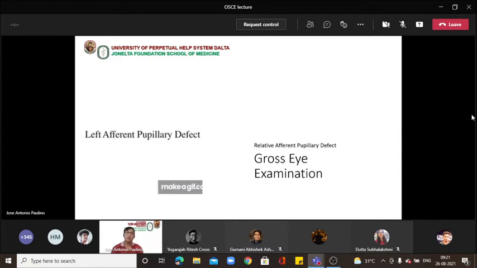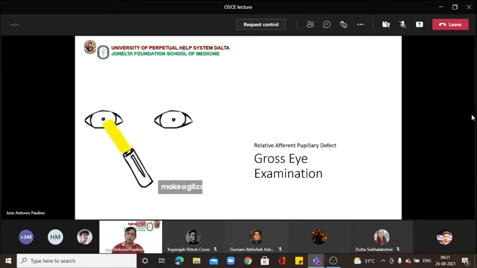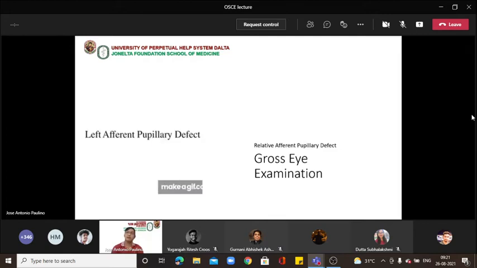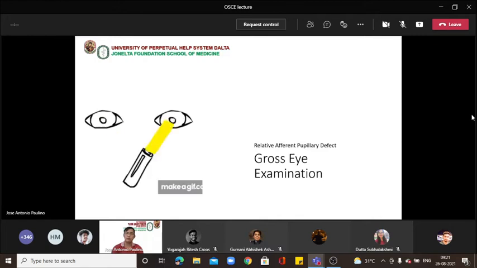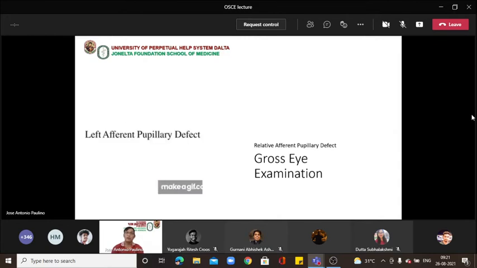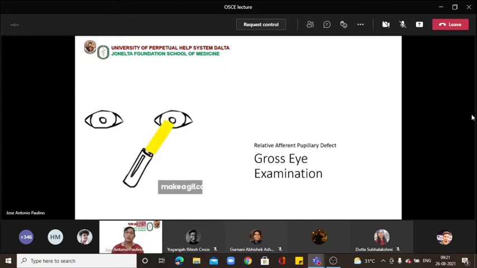The normal reaction should be that if light is pointed towards a specific eye, both pupils, even the one not being lighted with a pen light, should react the same way. So both should constrict. If you move the light source to the other eye, both pupils should remain constricted.